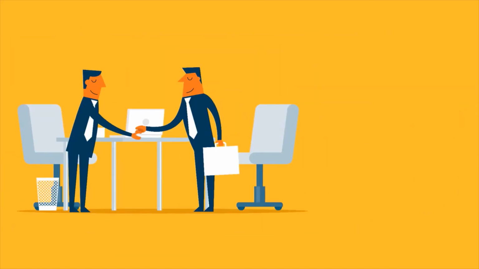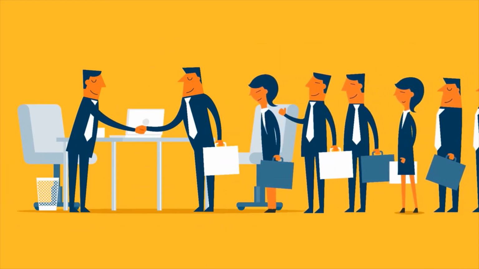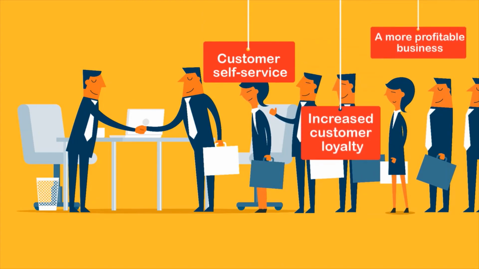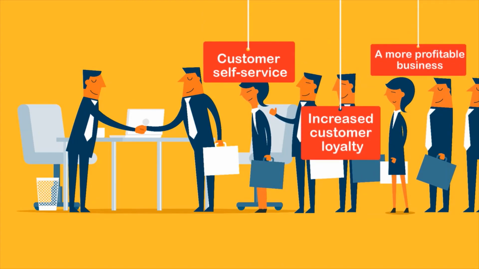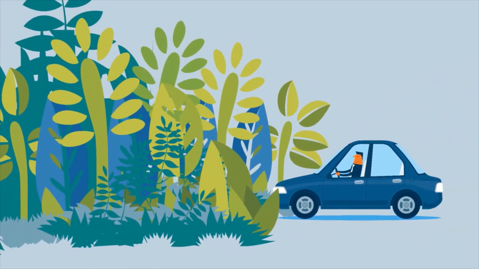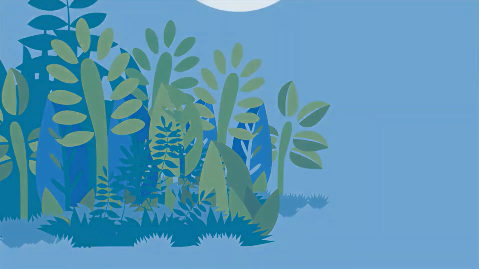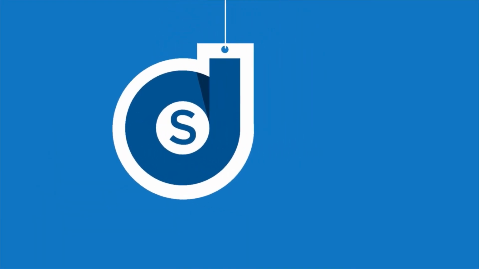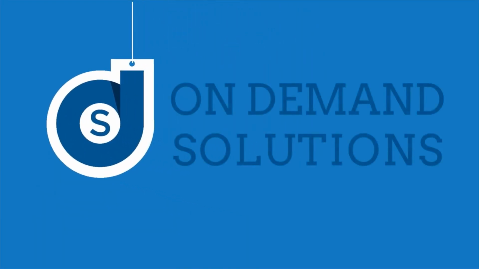And because customers can do a lot more for themselves, they're more likely to keep returning, driving up loyalty and reducing your cost of sale. Plus, our field sales and telesales modules ensure that your sales teams have access to the latest information from wherever they are. We make all of this possible because we're the e-commerce platform designed specifically for business-to-business use.